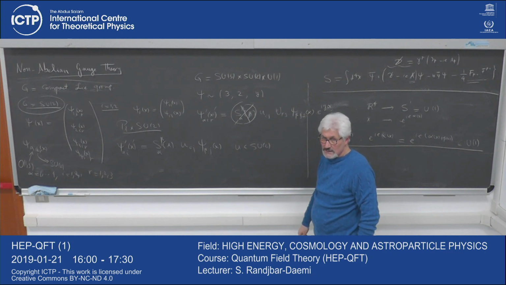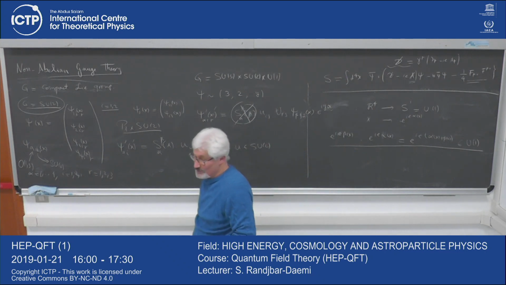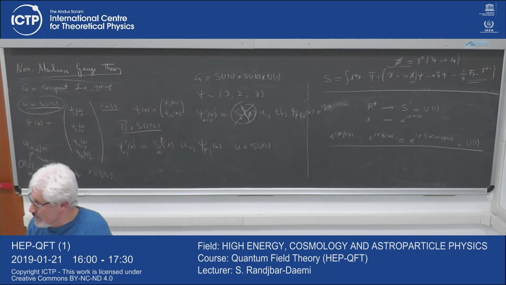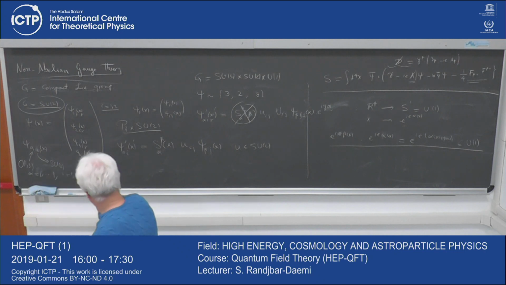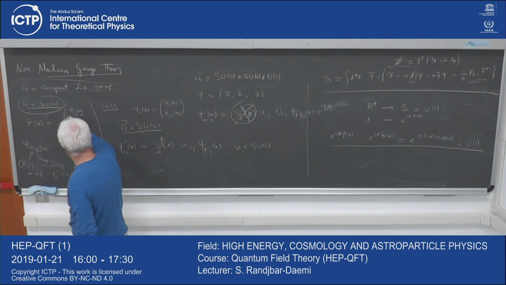Clear? This is a key point in the construction of the standard model of particle physics, the model which has been verified to extremely high precision, at the LHC for example. So how many components do we have now? Depends on the group. If you take this one, we have 4. But no, you don't have 4.